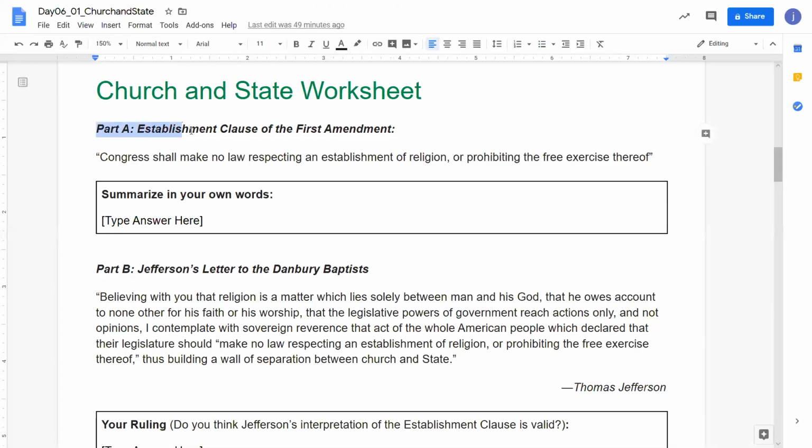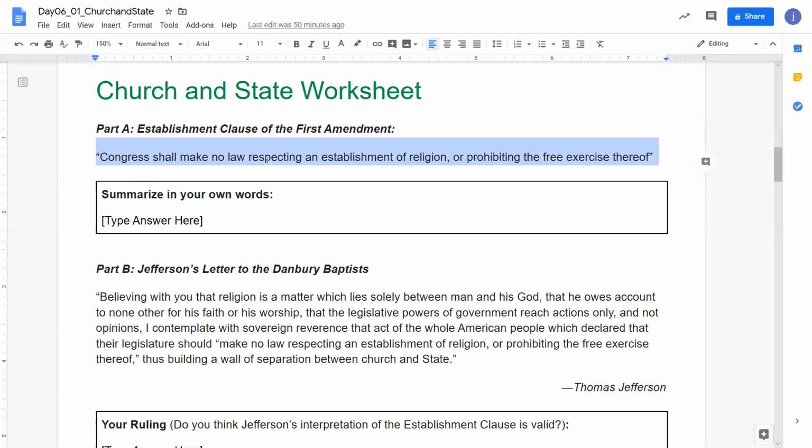Okay, so part A, Establishment Clause of the First Amendment. You'll learn later on about the First Amendment and the Bill of Rights, but as Americans, you have certain rights, and part of the First Amendment is the Establishment Clause.